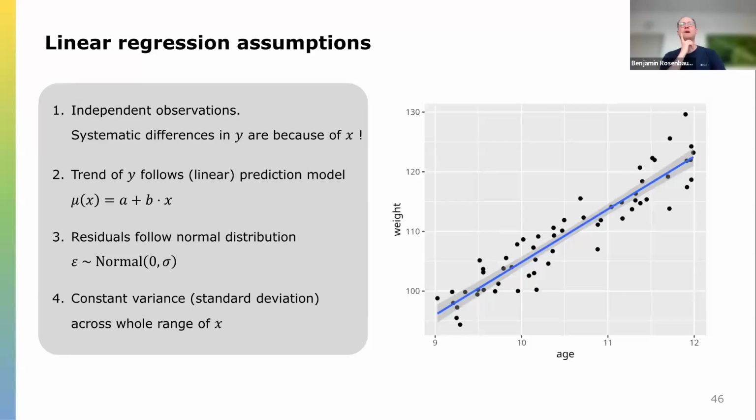Bayesian statistics does not free you from model assumptions. So I wrote the classical model assumptions of linear modeling. You assume that the observations are independent. The trend follows the linear prediction model, so you choose the right kind of model class to describe your data.